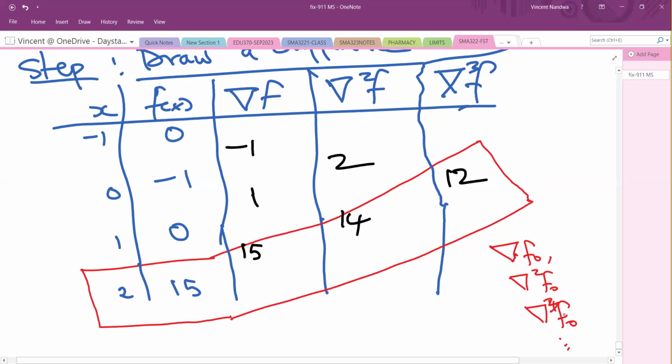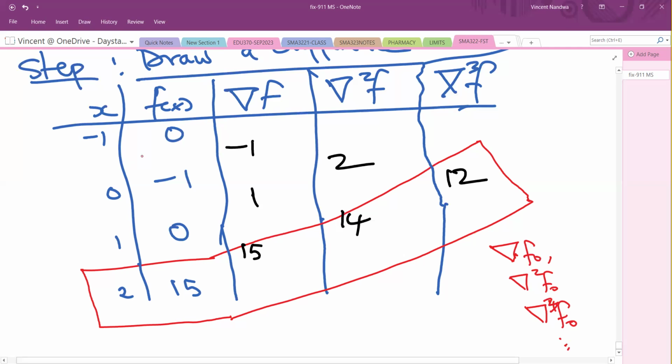What matters on how to pick the backward of f naught, second backward of f naught, etc., is where you are going to fix your x naught.